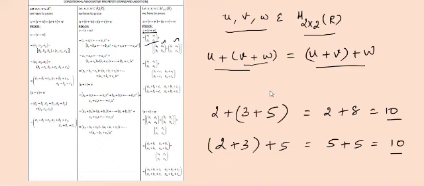So here first we must add v and w. With that result we have to add u. Okay, the addition is the same as we defined in condition 1. There are no changes in that. So I am adding these two vectors and I am adding the resultant with u. So I am getting this.